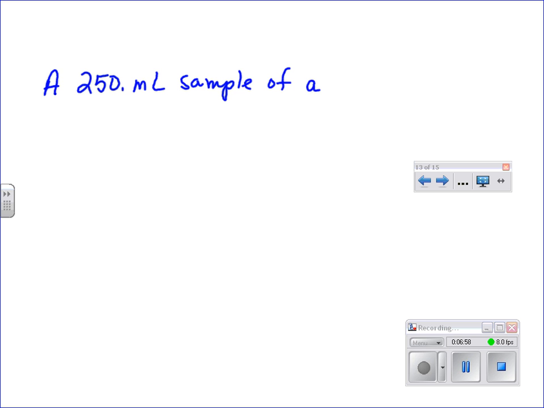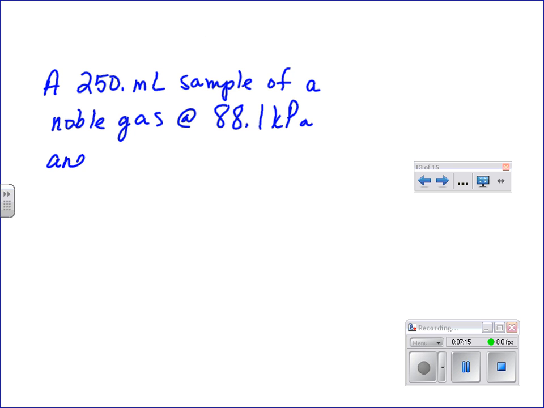So this is in group 18, a noble gas at 88.1 kPa, 7.0 degrees Celsius, and it has a mass of 0.378 grams.